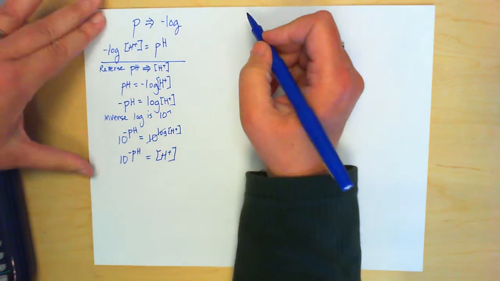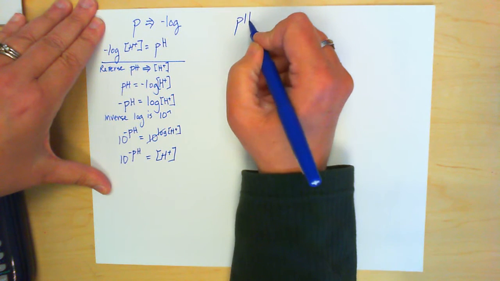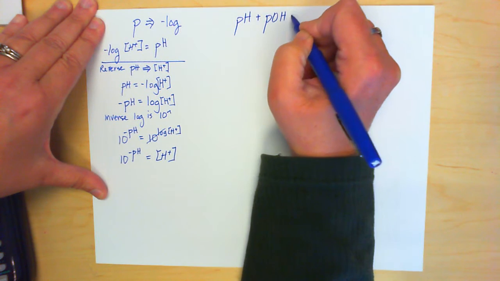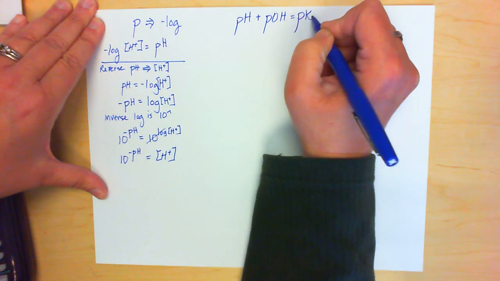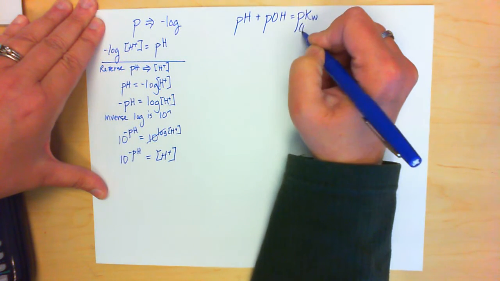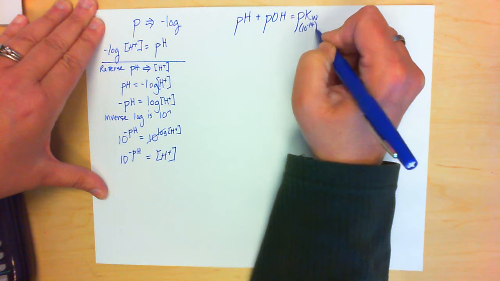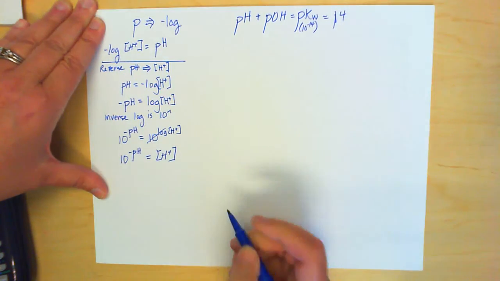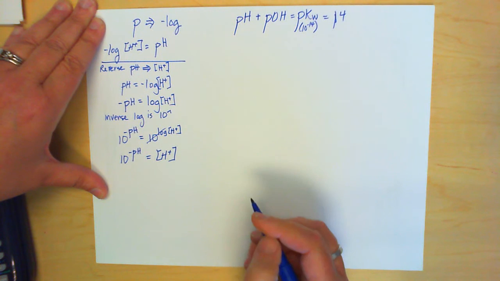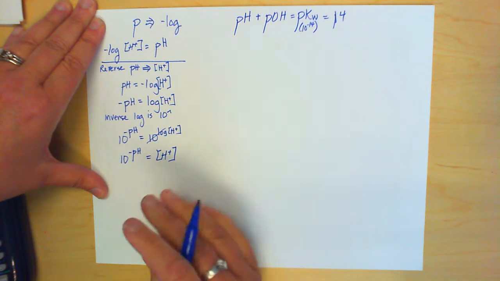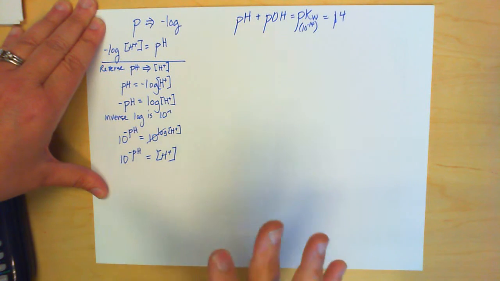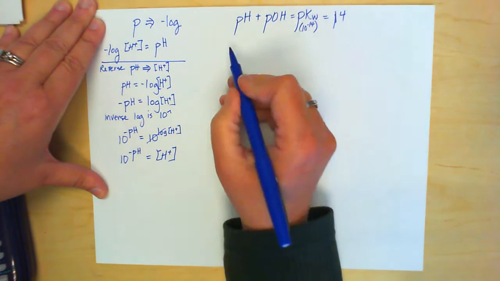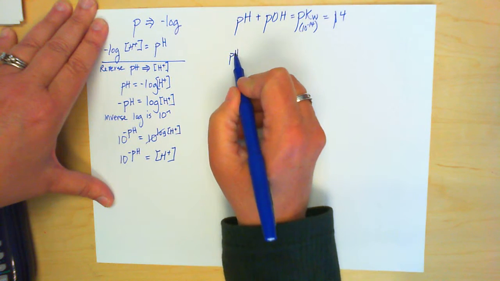Let's go back up here and look at the relationship between pH and pOH. It's equal to pKw, which, remember, Kw is 10 to the minus 14th. So pKw is 14. What that tells us is we have an entire variety pack that we can work with. So let's list our pH.